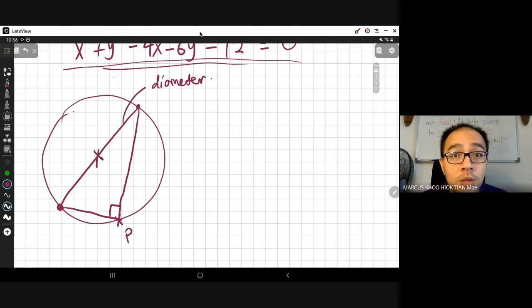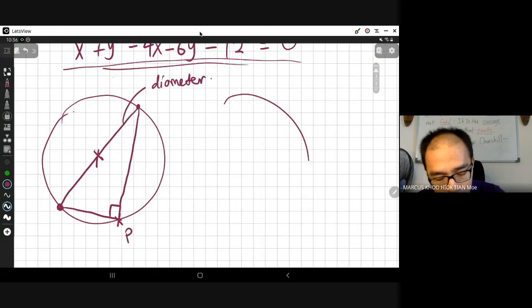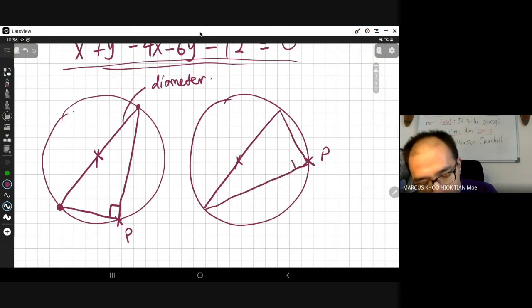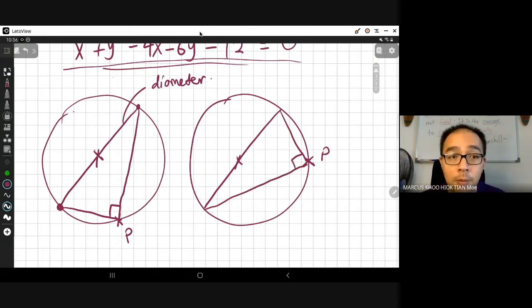This is something you learned when you were in, I think, Form 2 or Form 3. No matter where P is, let's say I keep the diameter the same here, but now I move P over here. When the two ends of the diameter join together with P, it's always going to form a 90-degree angle.